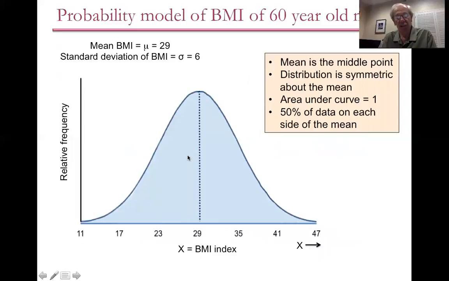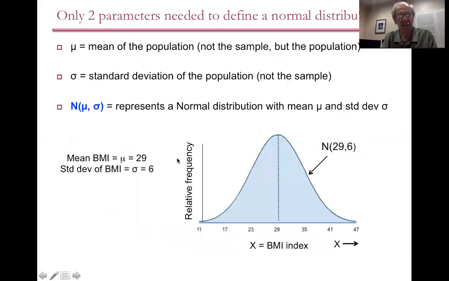So the next thing is that I can use this notation N(29, 6) to represent this curve. The only thing I need for the normal distribution is the mean, 29 in this case, and the standard deviation, 6.